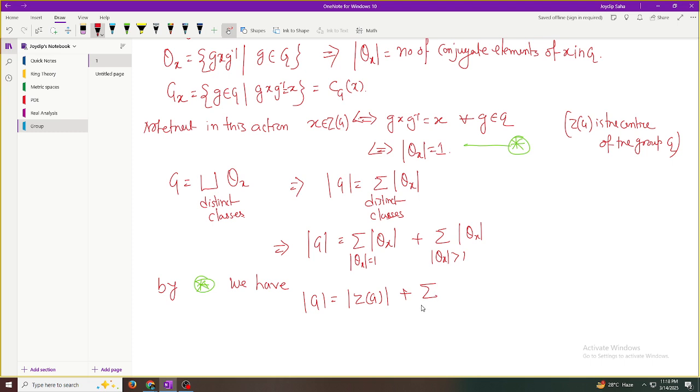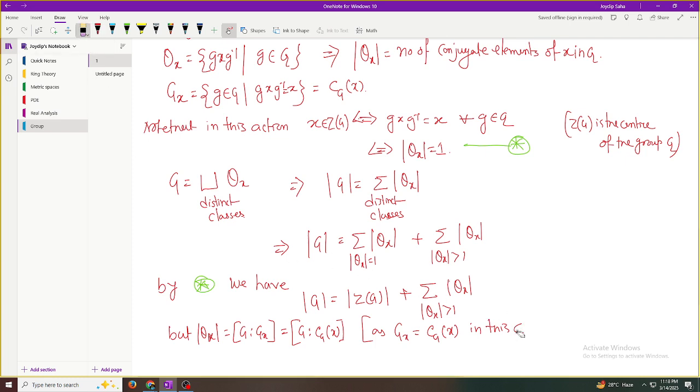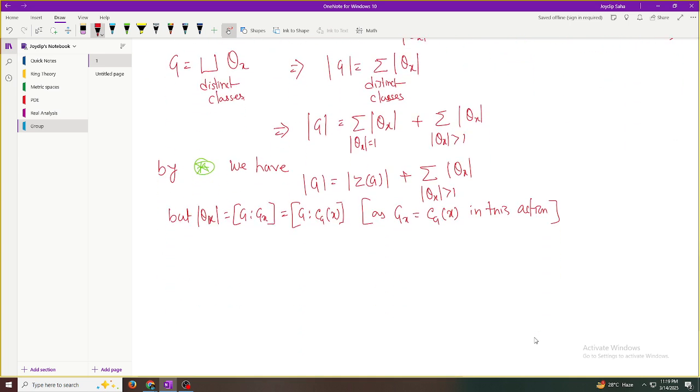Then, but as in this action, therefore what is the result?